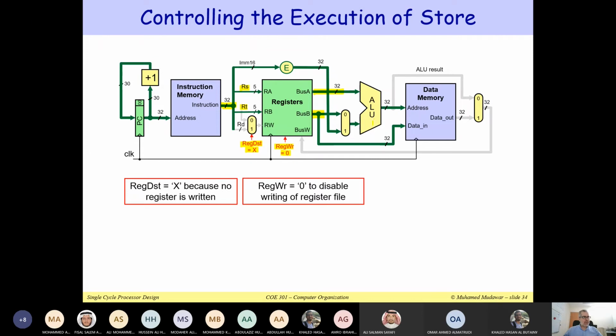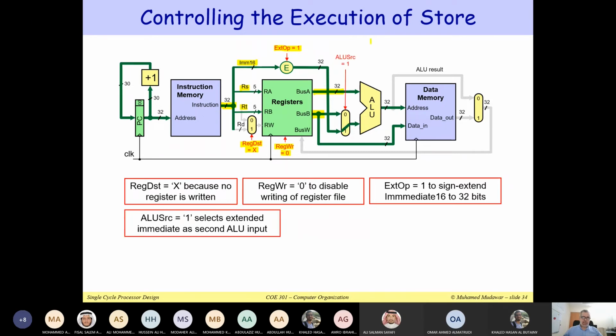Now, how about the ALU? The ALU is going to be used for address calculation, exactly the same way that we have done in the case of the load instruction. We are going to do an addition, but before that, the extender needs to do sign extension for the immediate, exactly as in the load instruction. We choose ALU source to be equal to 1.